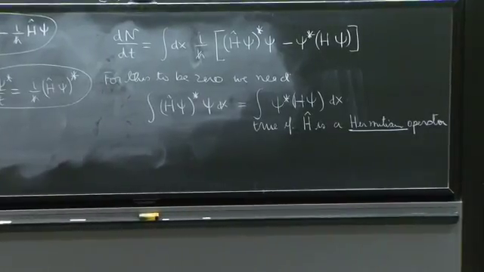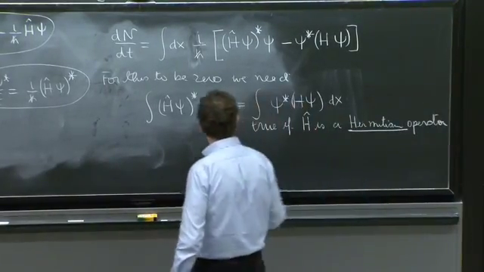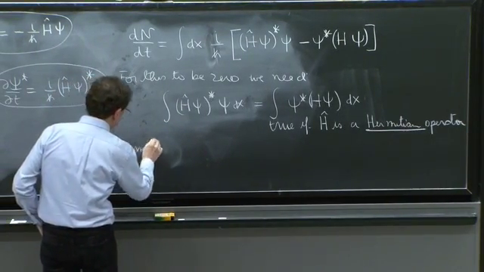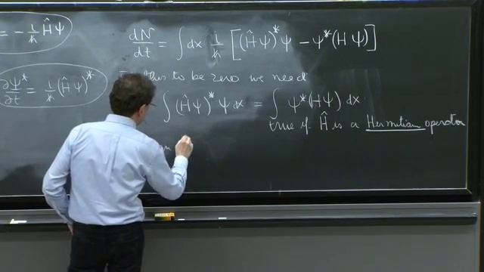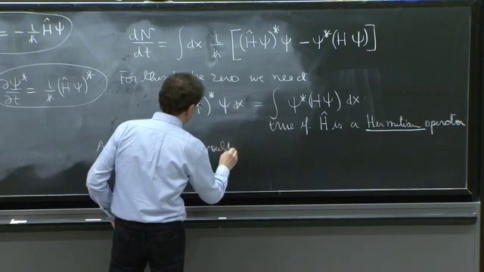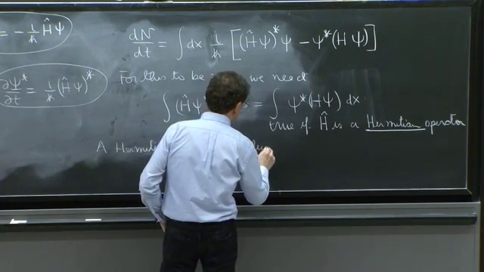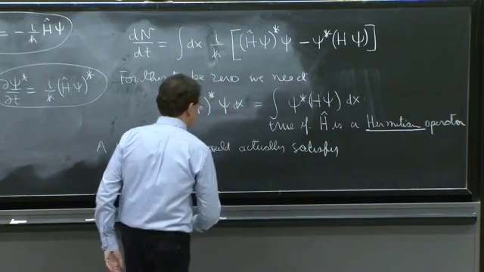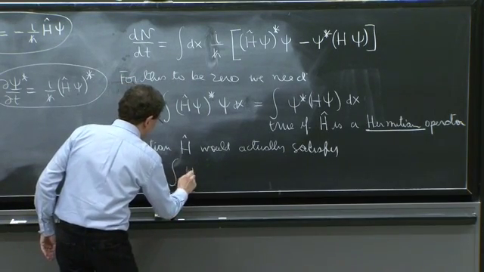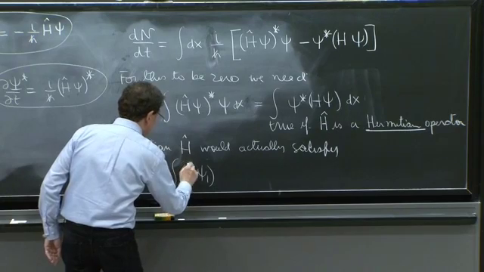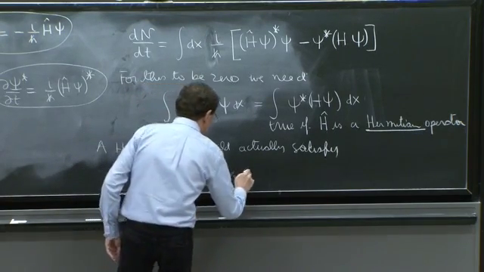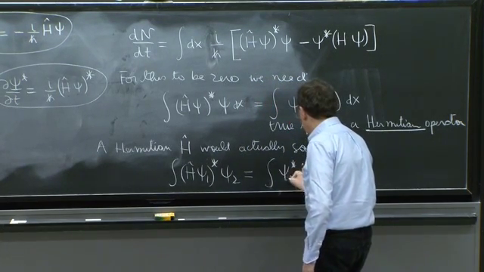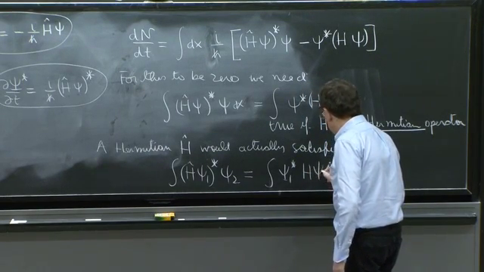So what is it for a Hermitian operator? Well, a Hermitian H would actually satisfy the following: that the integral of H psi 1 star psi 2 is equal to the integral of psi 1 star H psi 2.